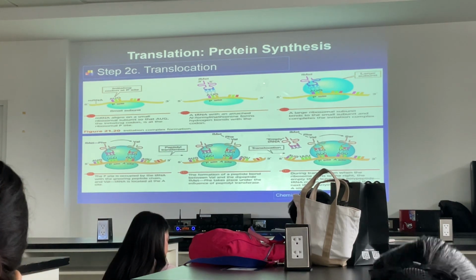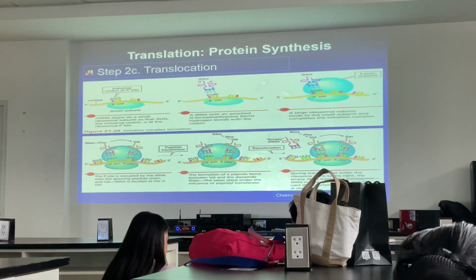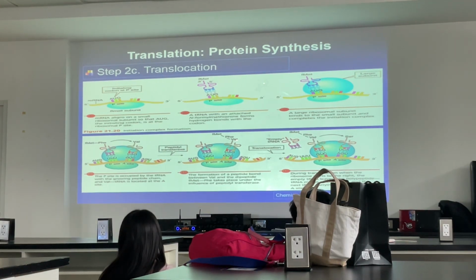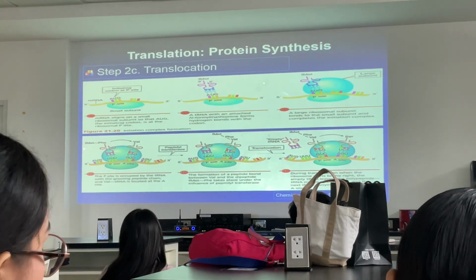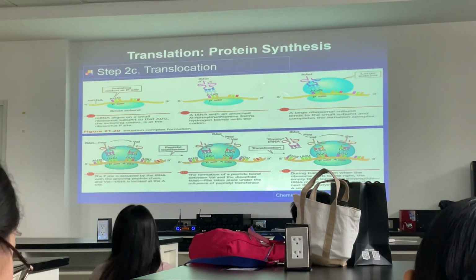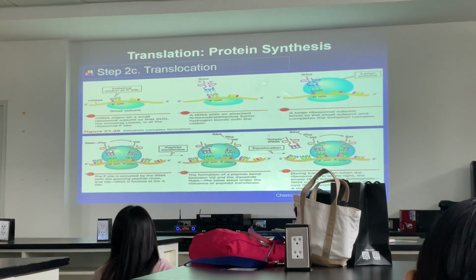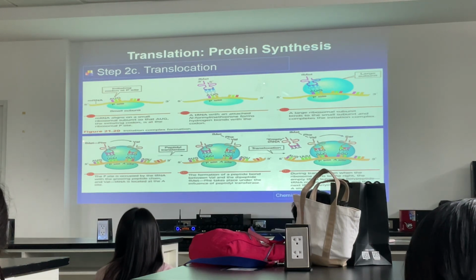So after this becomes empty, what will happen? The tRNA containing the 2 amino acids, this one, sorry, because this is another figure. So if you can still recall, this becomes empty. So you have now at the P site, the tRNA containing phenylalanine and methionine. And then what will happen next?